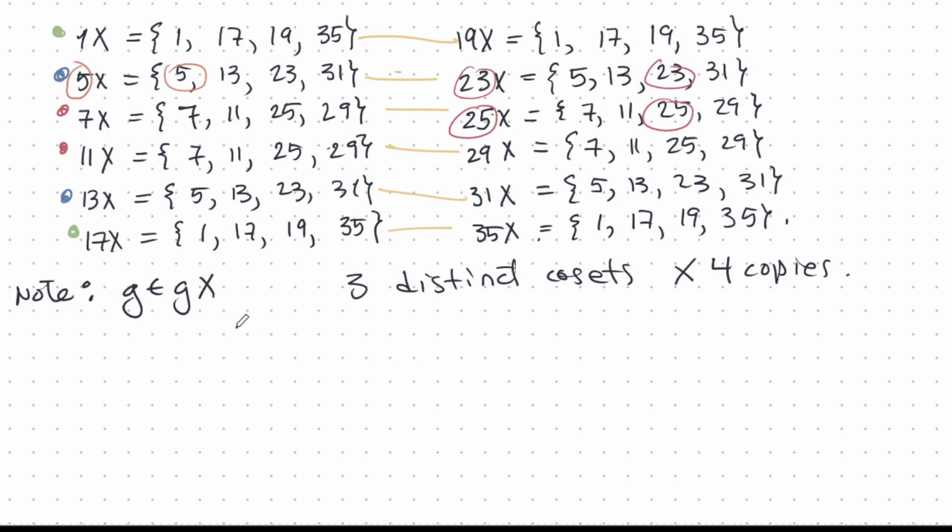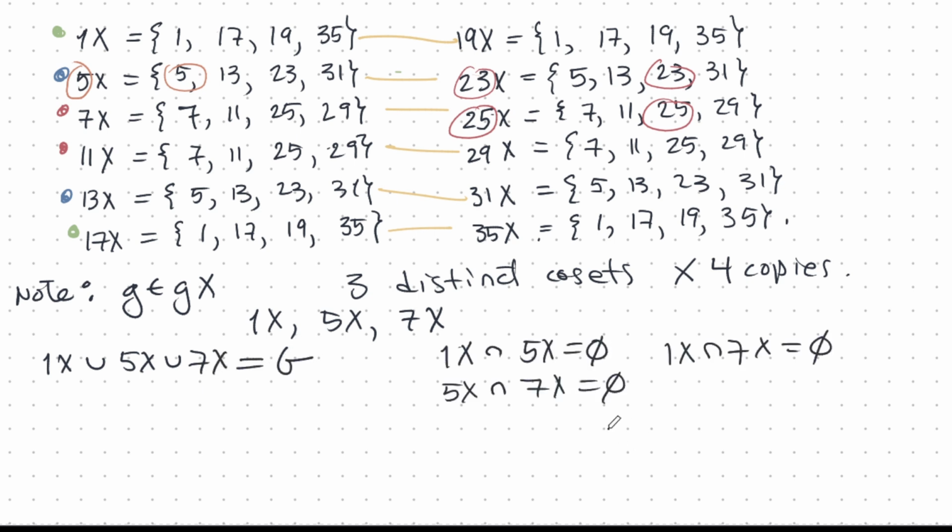Okay, so what are the distinct ones? 1X, 5X, and 7X. Those are completely different, and those are the only ones that are different. And look at what's going on here. When I union them, 1X union 5X union 7X, I get back G. And look here, when I do pairwise intersections, they are all null, so pairwise they are disjoint.